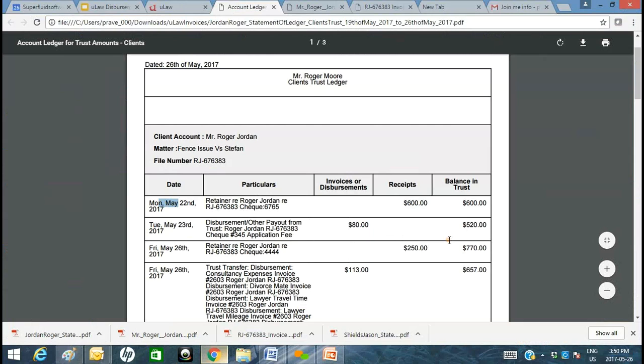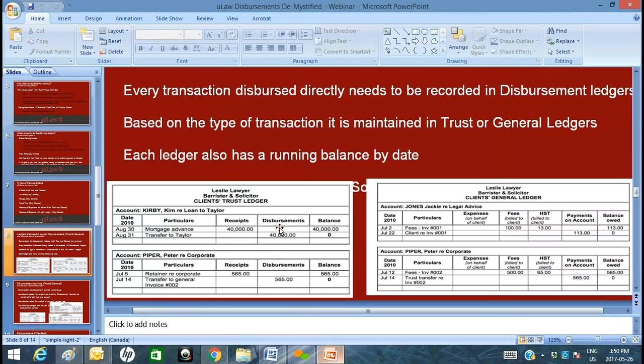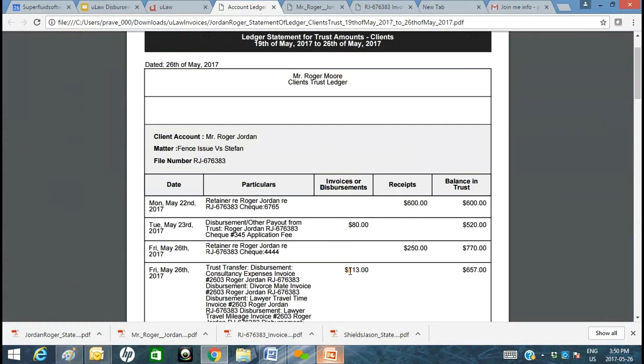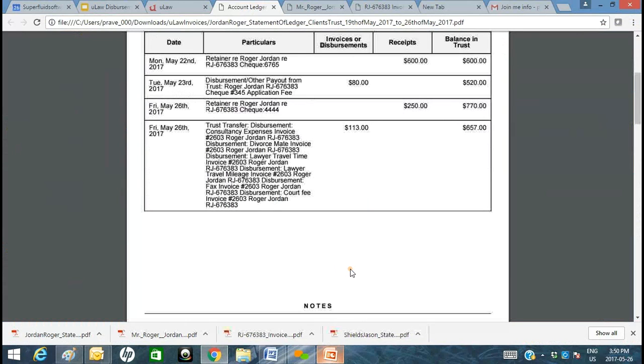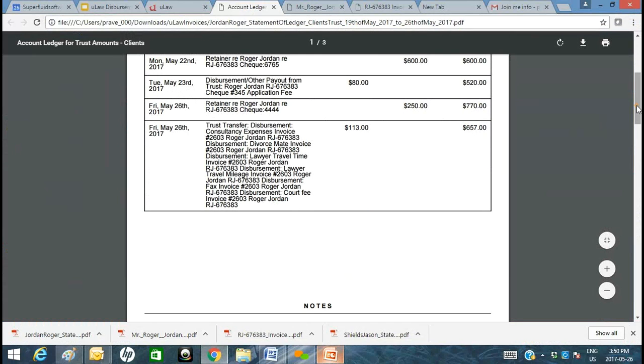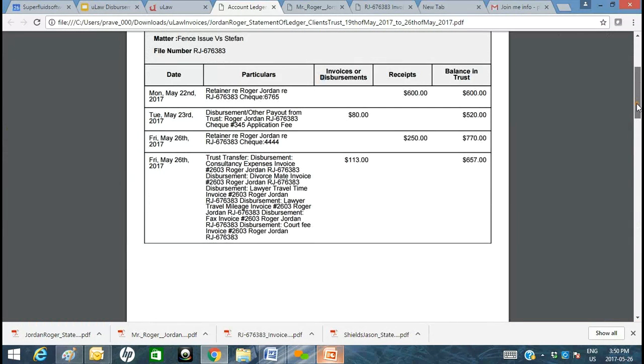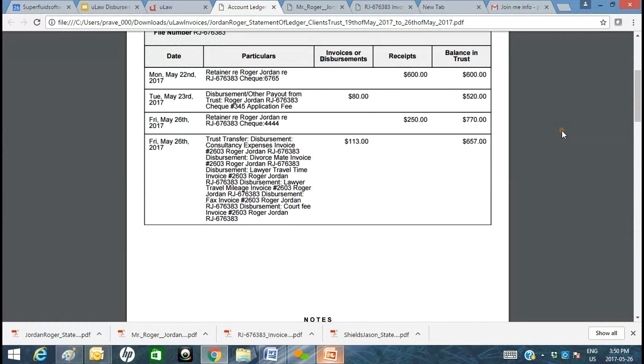Very important that we've now tracked that disbursement, which was a payout from trust directly, that is considered an invoice or a disbursement. That's a $565 disbursement, and we capture each and every transfer by itself. For each of those expenses that we moved from trust to general, the trust ledger captures that.